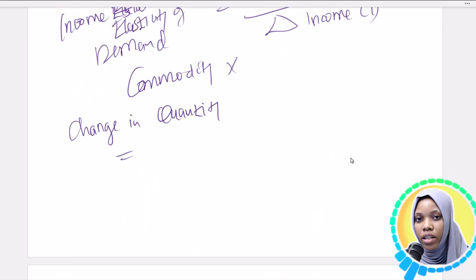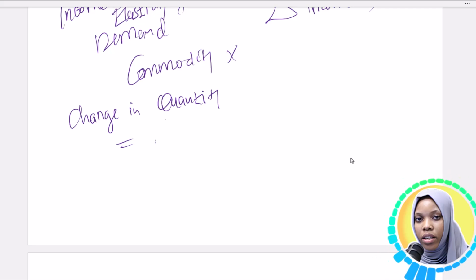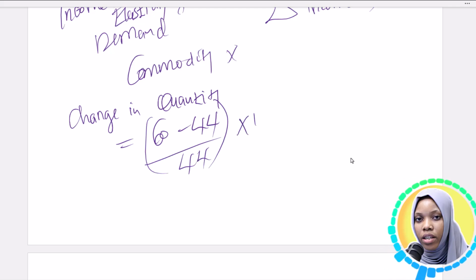So we take 60, the new one, minus the initial one, divided by the initial, multiplied by 100 to get the change.